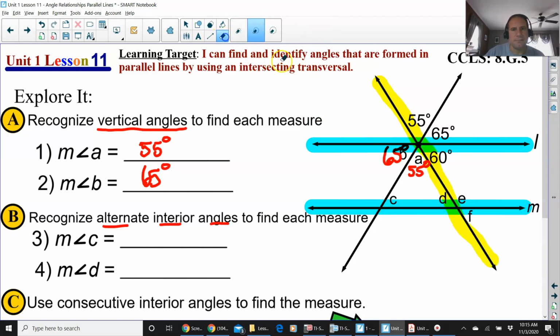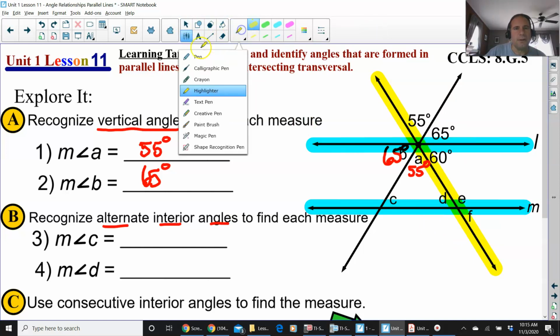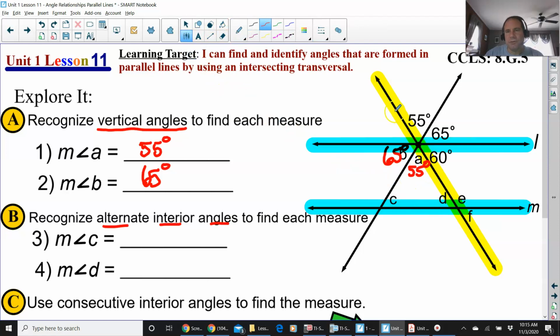Let me see if I can draw that a little bit better. Okay, let me go back to the pen. So think of these two as the parallel lines and this as the transversal.